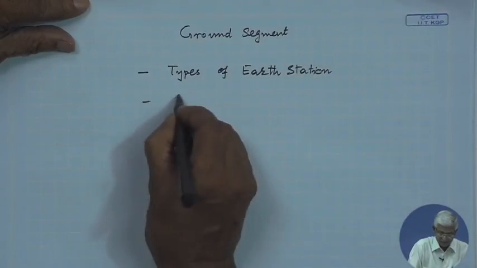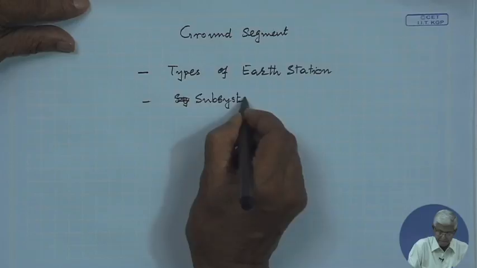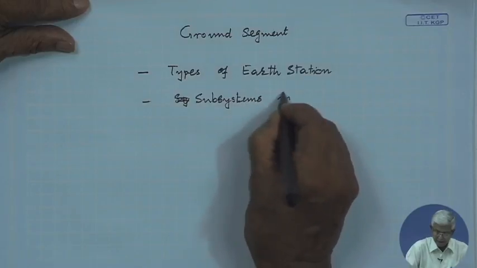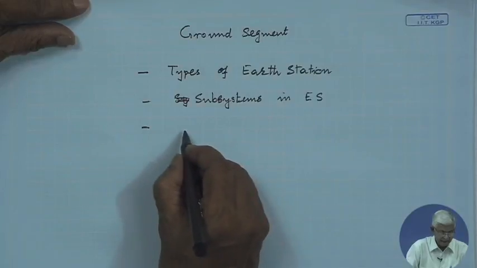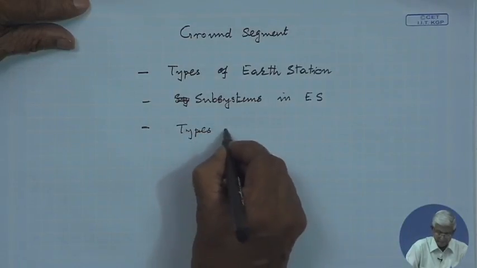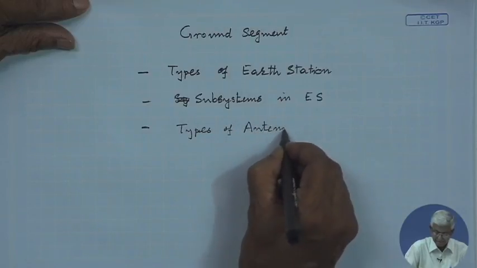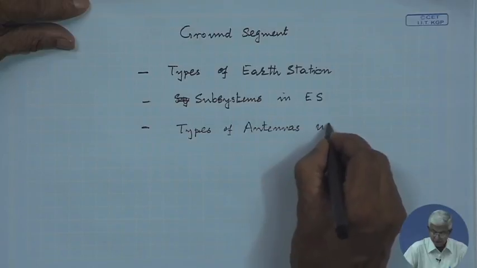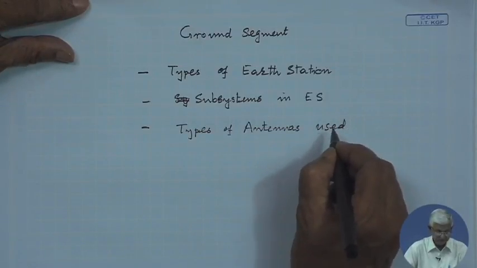And then of course, the subsystems inside the earth station, and the types of antennas used in the earth station. That is a very important point, we will see.